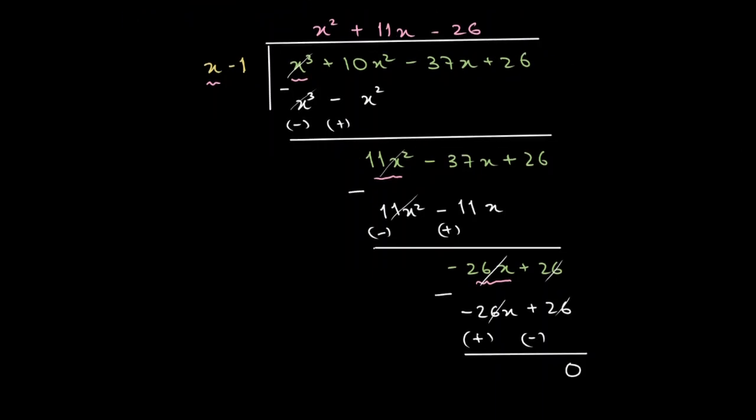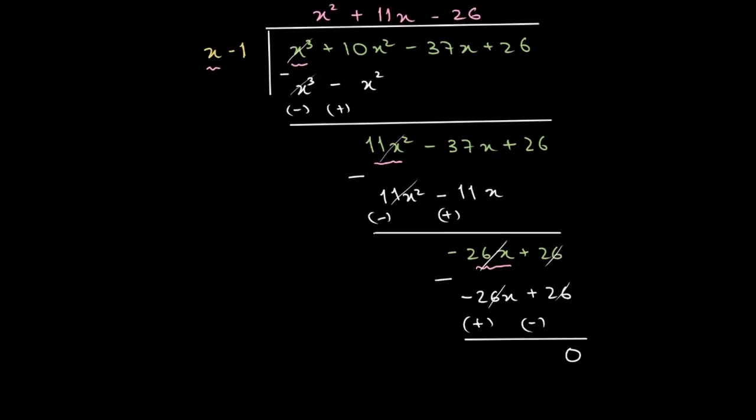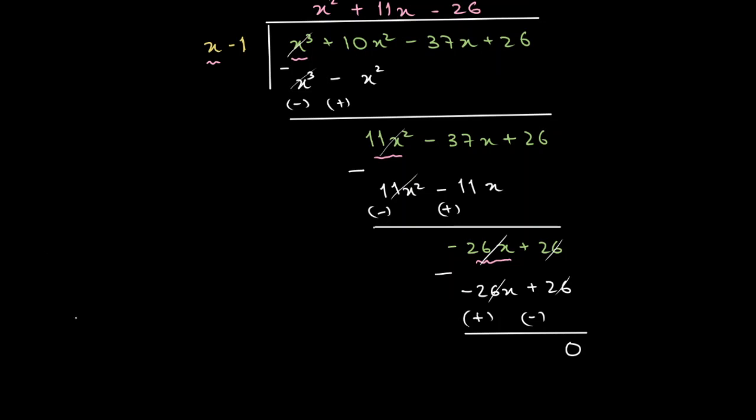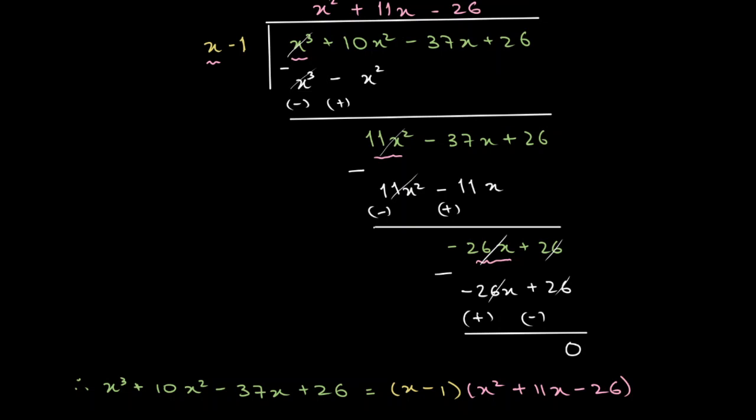That was expected anyways. So I finally managed to complete the long division, and therefore I can say that my dividend, which is x cubed plus 10x squared minus 37x plus 26, right, is equal to my divisor into the quotient, which is x minus 1 into x squared plus 11x minus 26, right?